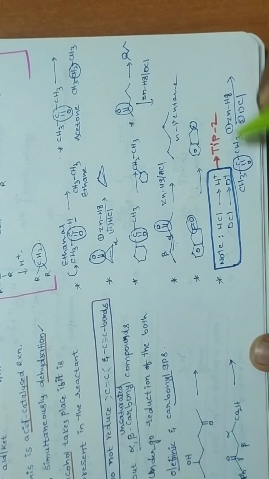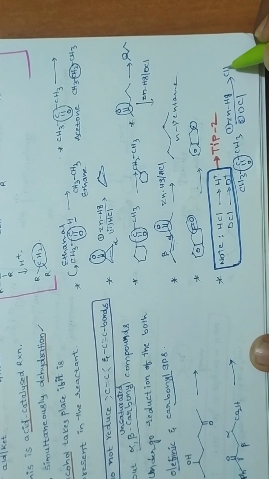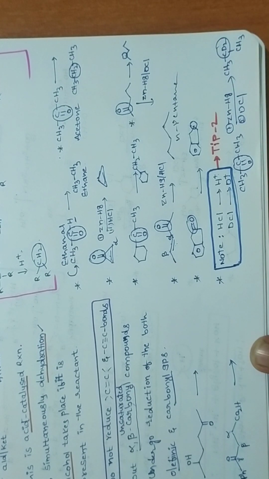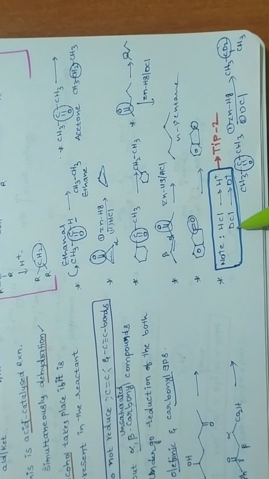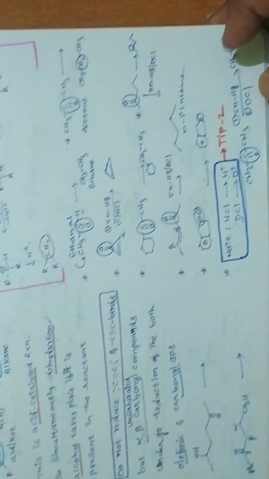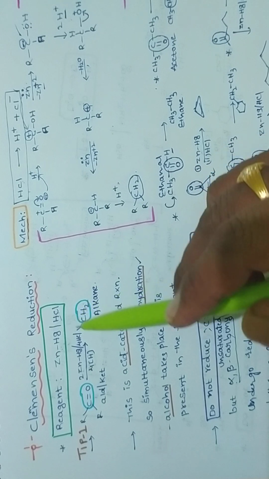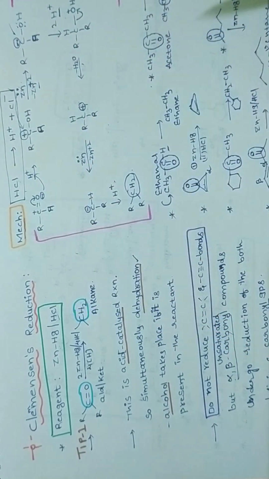Instead of hydrogens, we should add deuterium, giving CD2 CH3. See, the C double bond O group is converting into CD2. Deuterium is given, so deuterium is added. HCl given means we add hydrogens. DCl given means we add D2.